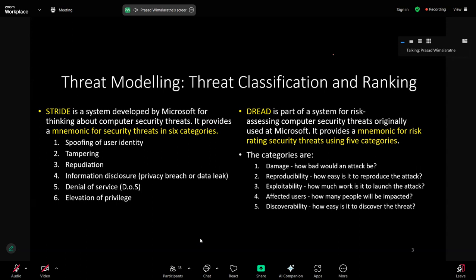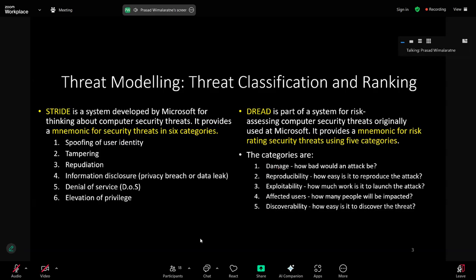On the other hand, we have DREAD, which was again originally used by Microsoft and has subsequently been adapted for other approaches, of course. That has 5 categories: damage potential, reproducibility, exploitability, affected users, and discoverability.